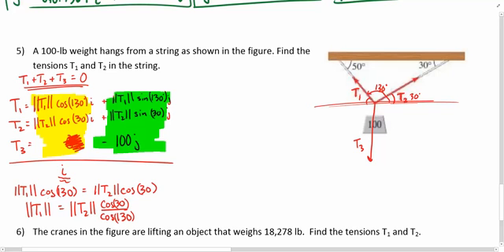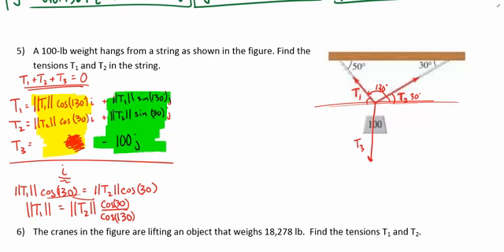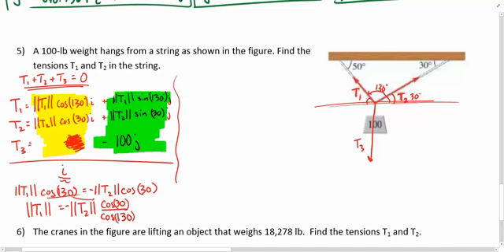So all I've done is I've divided both sides by cosine of 130 to move it to the right-hand side of the equation. And I think I may have misspoken there just a little bit because I don't see the symbol that should be included here. In order for these two to add together to equal 0, one has to be positive and one has to be negative. So I'll just put the negative sign here in front of the T2 magnitude, and I'll leave it there. And that should help us with our next series of calculations.